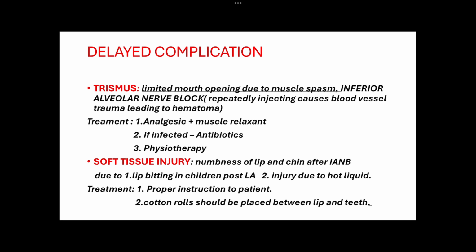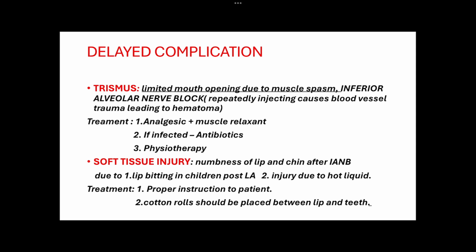Okay. Soft tissue injury: numbness of lip and chin after inferior alveolar nerve block. This is either due to lip biting in children post LA or injury due to hot liquid. So what would be the treatment? There has to be proper instructions to the patient post extraction, and cotton rolls should be placed between the lip and the teeth.